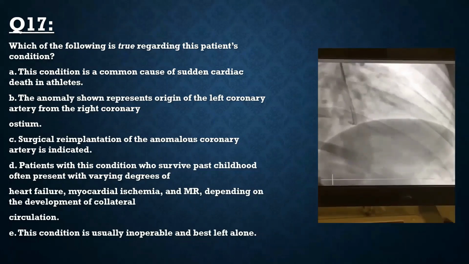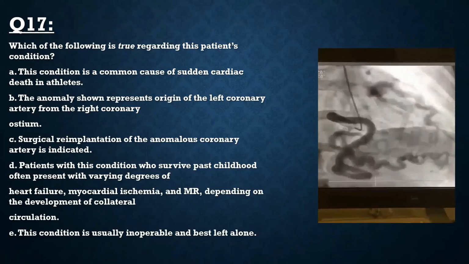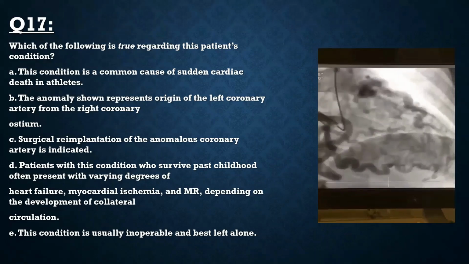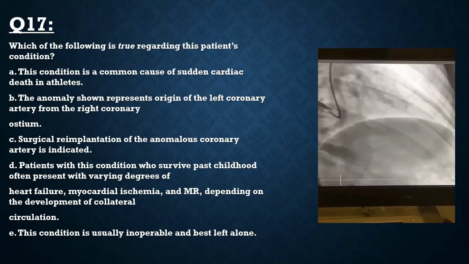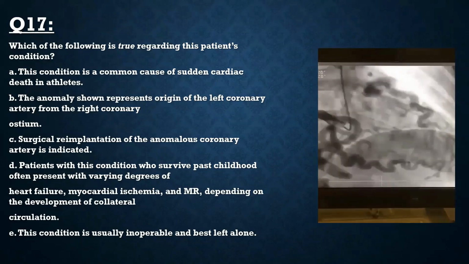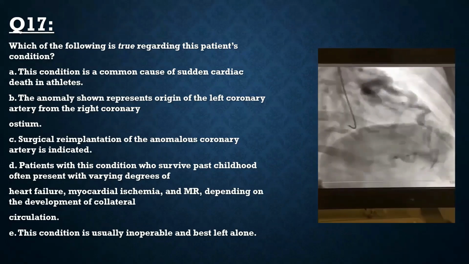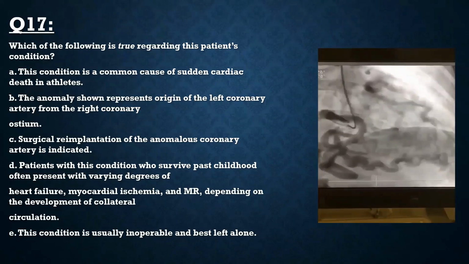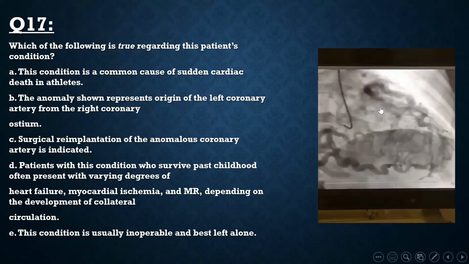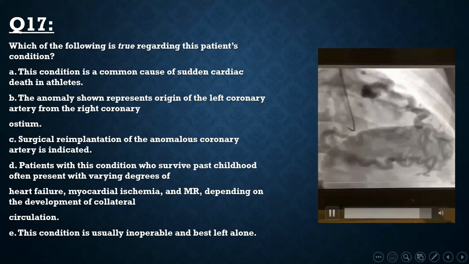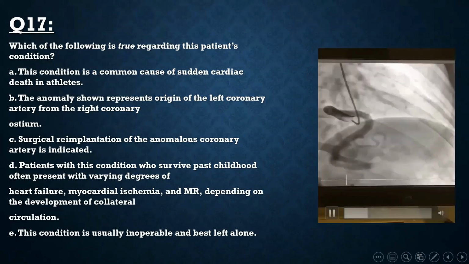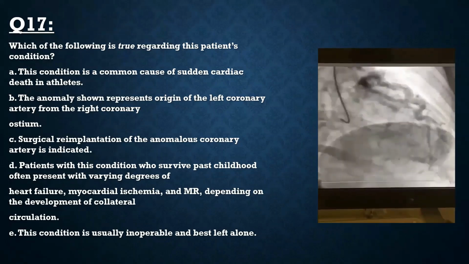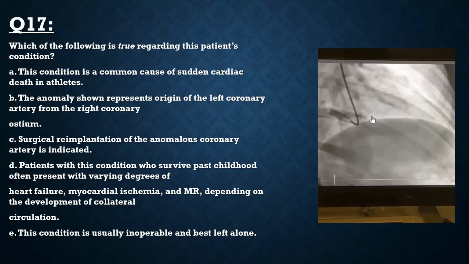Usually the patient suffers from heart failure or myocardial infarction in childhood. May present with heart failure, ischemia, severe MR, depending on the development of collaterals at that stage. So if there is any ischemia or MI in childhood, think of ALCAPA.